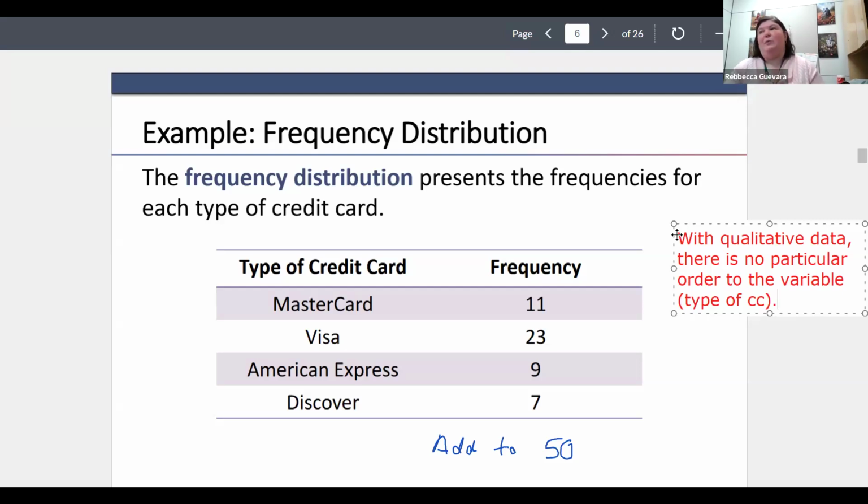If it had been hair color, we wouldn't have a particular order for hair color either. So we have these variables that don't necessarily have an order to them. We don't really worry about ordering them.